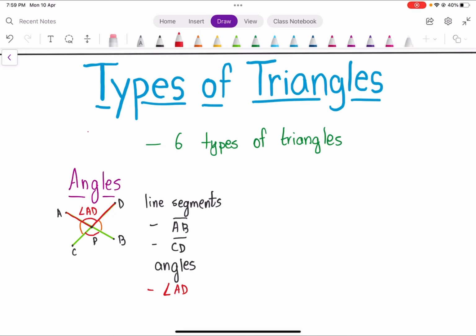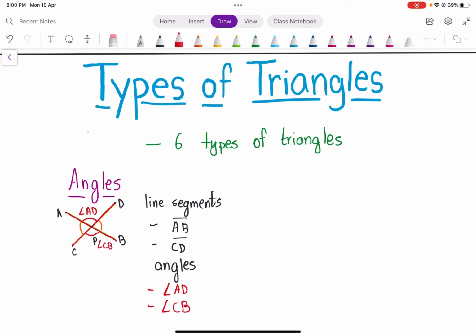Our other angles are formed by C and B, so we'll call that one angle CB. And our next one is formed by D and B, so we'll call it DB or BD. And our last one is formed by A and C.